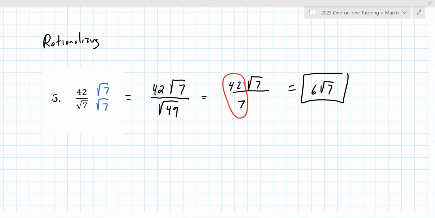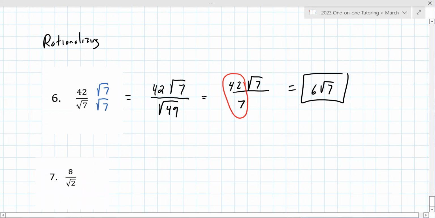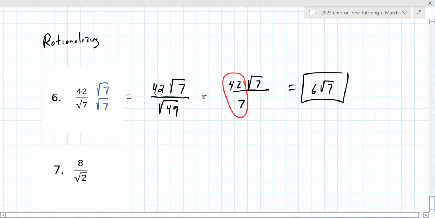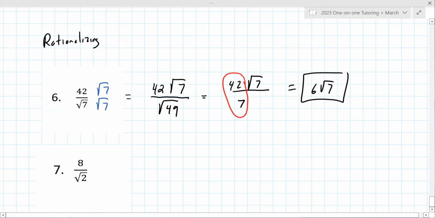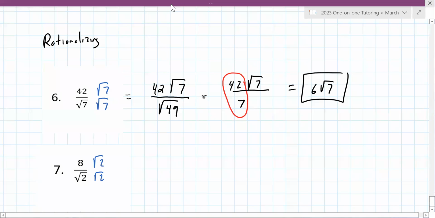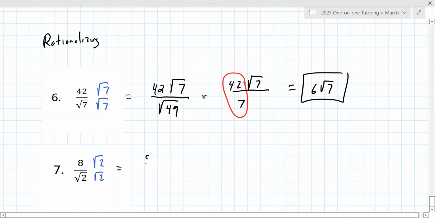All right. Let's move on to number 7 here. What should we multiply the top and bottom by in this problem? You would multiply it by the radical of 2. That's right. Now in the numerator, there's nothing to do. You just rewrite it.